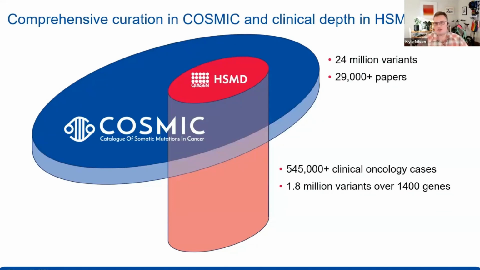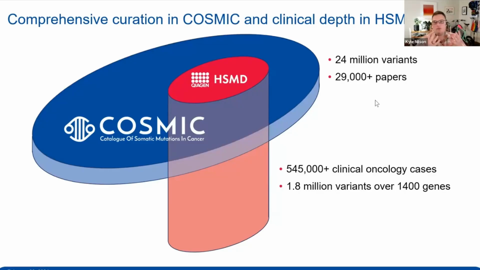Or you might be interested in some other clinical details. HSMD was built from the ground up using clinical data. And because of that, we have millions of variants over a very small number of genes. And all of that information is based on over 500,000 clinical oncology use cases.